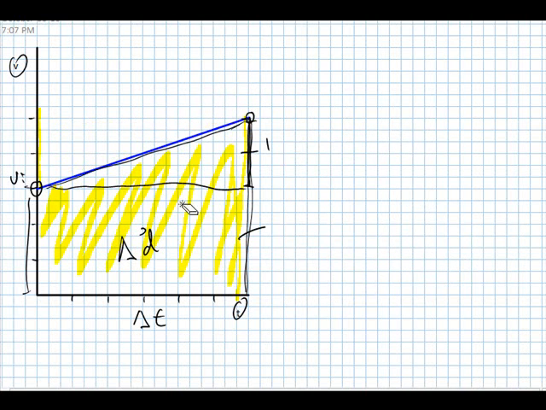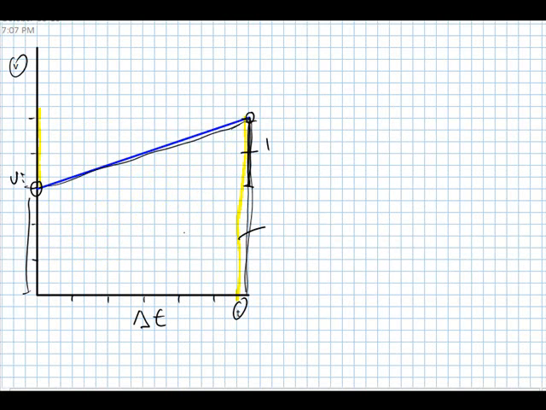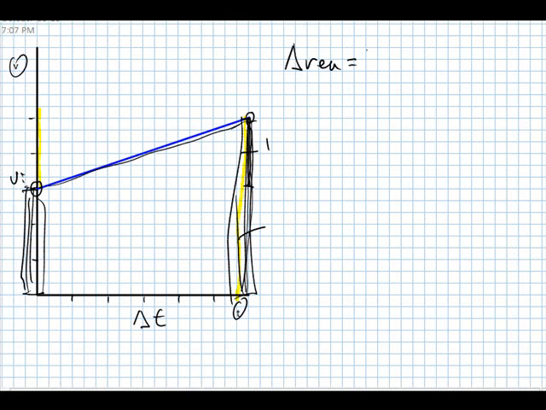We have a trapezoid with two uneven sides, and the area of a trapezoid is equal to the average of the uneven sides, which in this case is vi plus vf over 2, times the width, so that's times delta t.